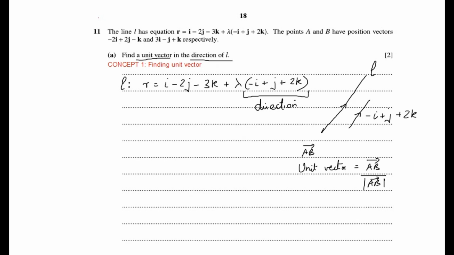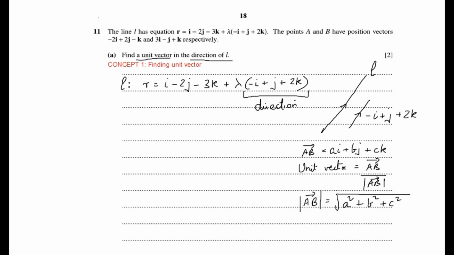And how do we find the magnitude of AB? So if AB is ai plus bj plus ck, then its modulus is the square root of the squares of a, b, and c added together.